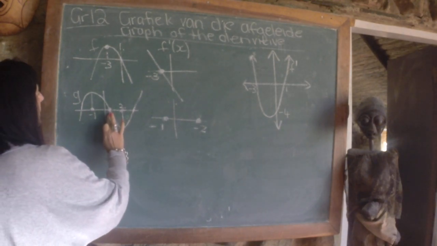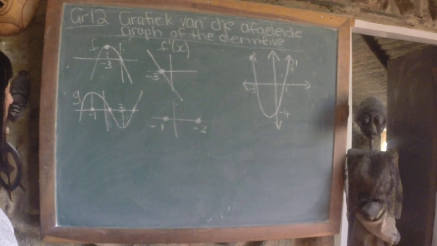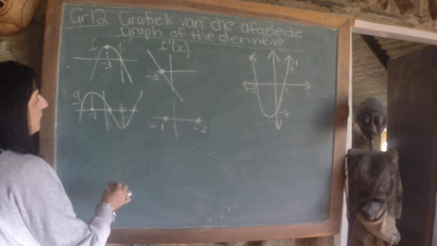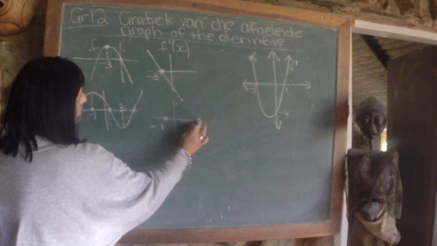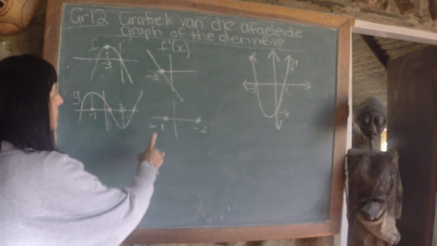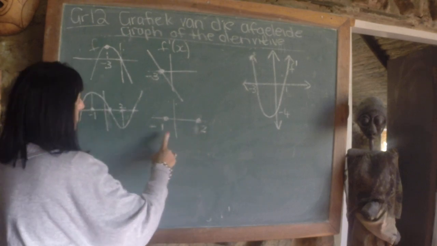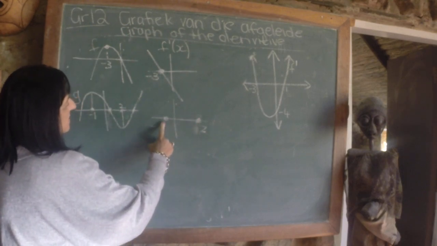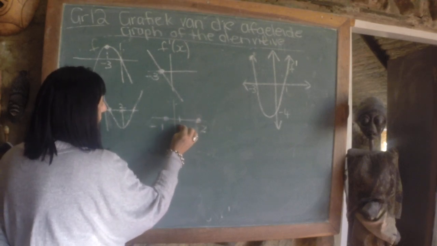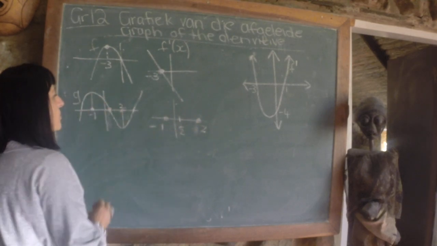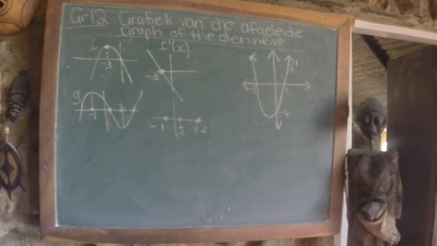Nou, hierdie waarde is nie gegee op my oorspronklike skets nie, maar jy moet hom gaan uitfigure, want 'n parabool is mos simmetries. So presies tussen hierdie twee, hier is die waarde is -1, 2 is 3 spaces, so I need 1.5. So jy weet, daai punt moet 'n half wees.